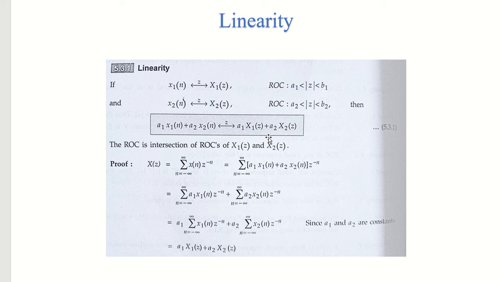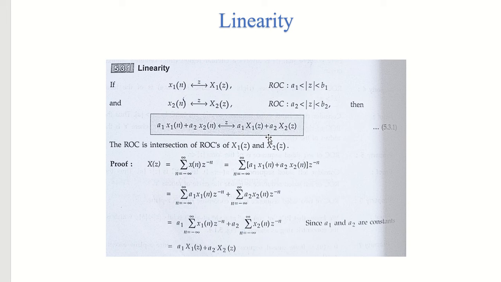So what will the linearity property be? It states that whenever I take a1 x1 of n plus a2 x2 of n, and take the Z transform of this combined function, the Z transform will be equal to a1 into x1 of z plus a2 into x2 of z.